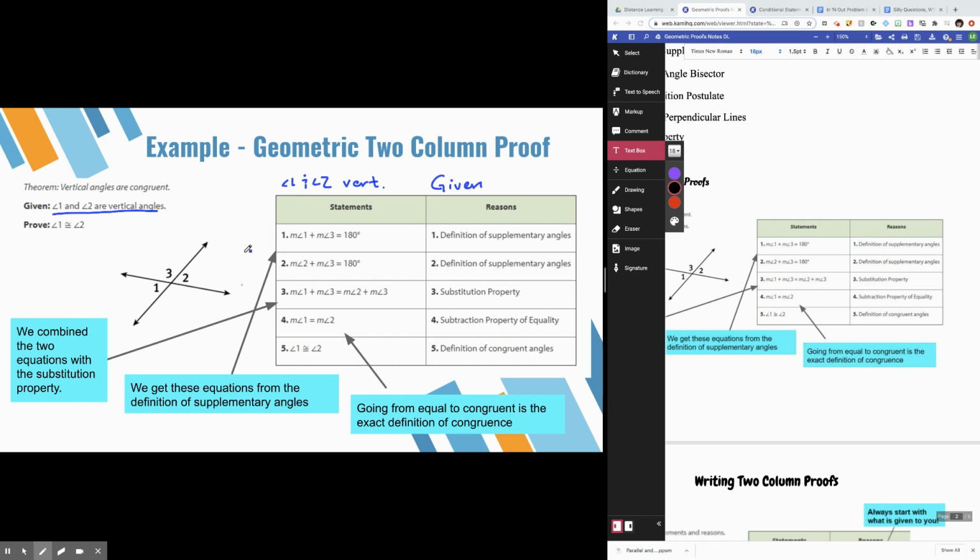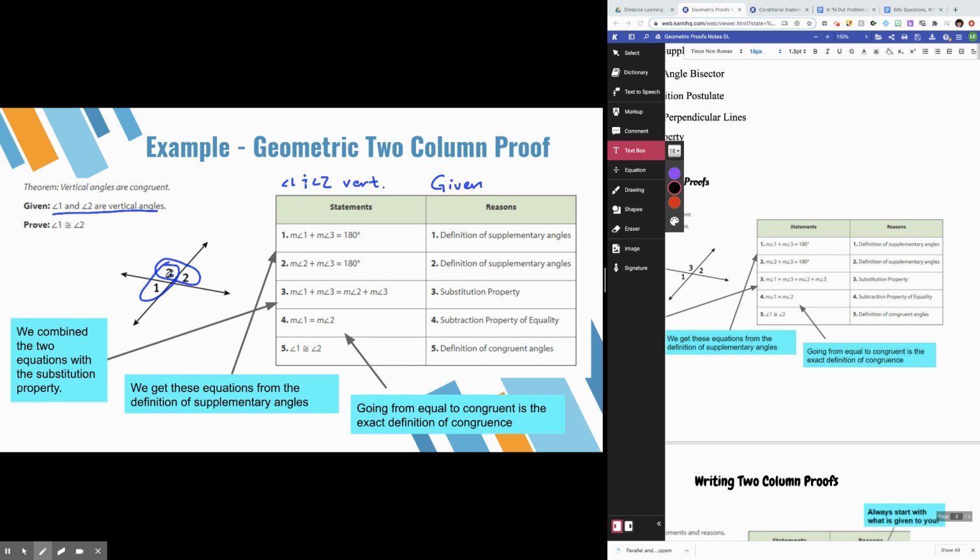So we have this drawing right here. A key thing to do when you're doing a geometric proof is if they give you a drawing, check and see if there are any relationships that might help you, right? So here we have two lines that are intersecting, and so we have these linear pairs here and here. Right, so that may be a good place to start.